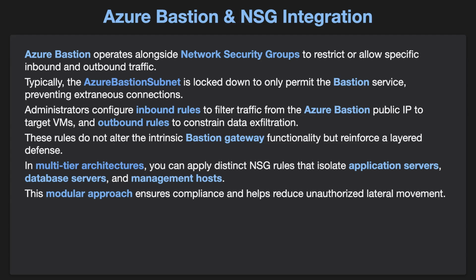These rules do not alter the intrinsic Bastion gateway functionality, but reinforce a layered defense. In multi-tier architectures, you can apply distinct NSG rules that isolate application servers, database servers, and management hosts. This modular approach ensures compliance and helps reduce unauthorized lateral movement.